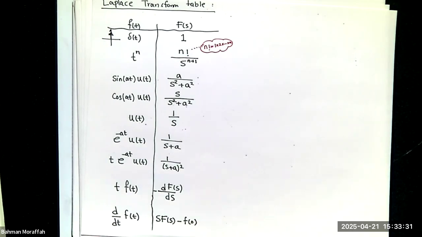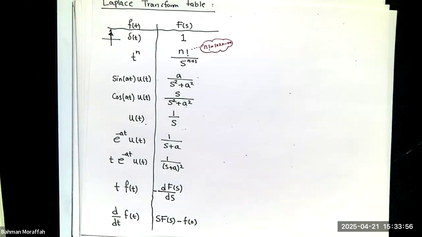You look at these two. When I multiplied a function by t in the time domain, the Laplace transform was a derivative. But when I was taking the derivative in the time domain, the Laplace transform was s multiplied by f of s.